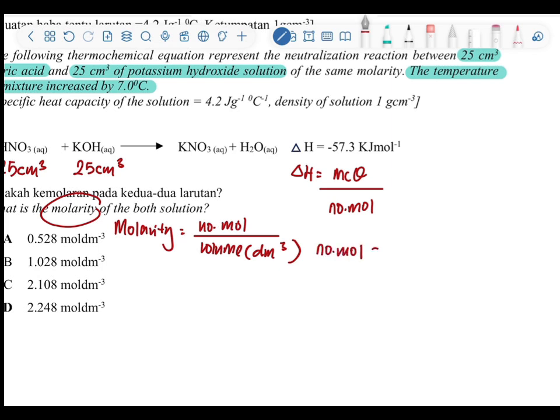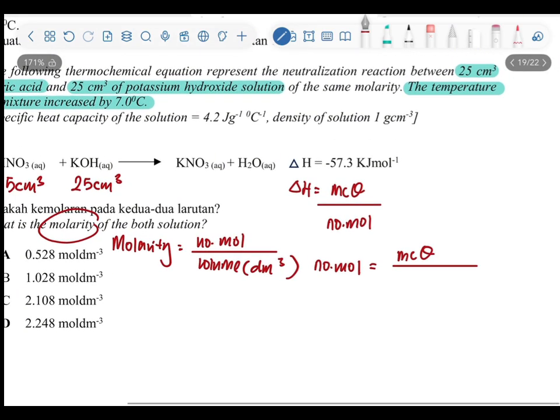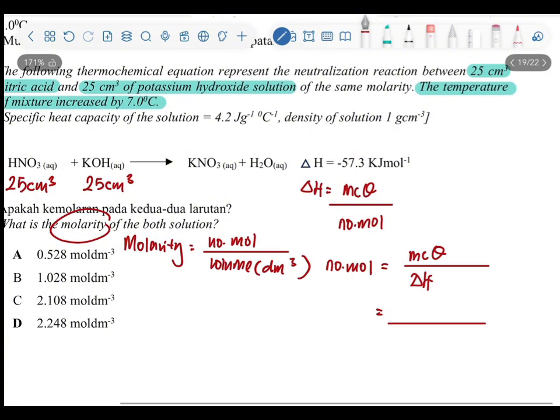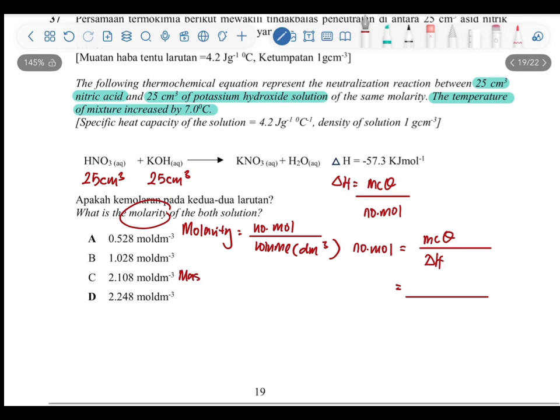So number of mole equals mc theta divided by delta H. For mc theta, how are we going to get the mass? Mass is the volume times the density.